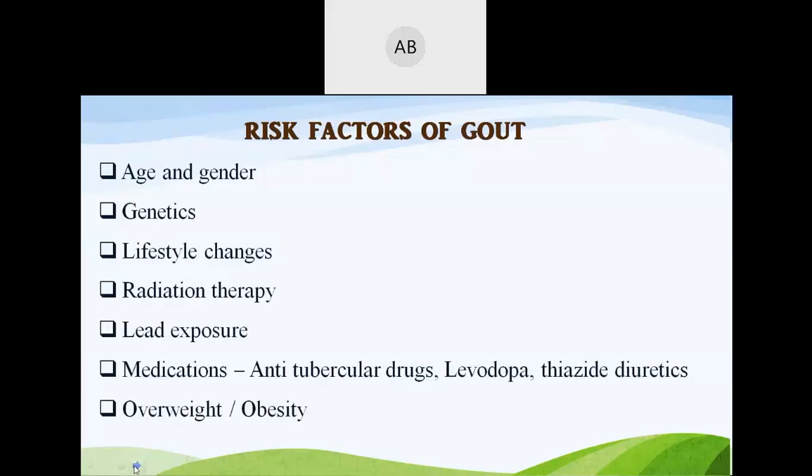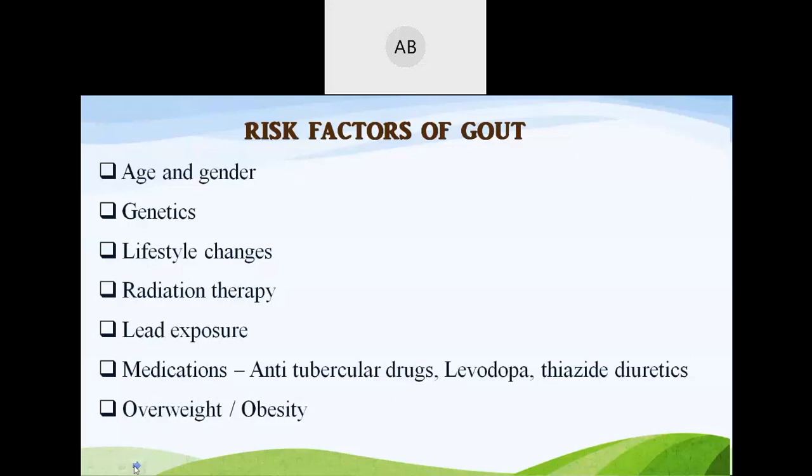Lifestyle changes, in the sense of a sedentary lifestyle or lack of physical exercise, can cause gout. Exposure to radiation, okay, radiation therapy may result in gout, or exposure to any chemicals or toxins like lead and mercury can also result in gout. Obesity is also one more major factor for gout.